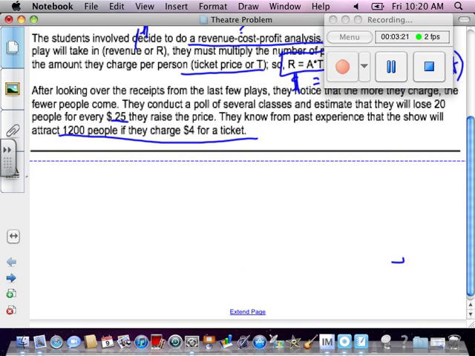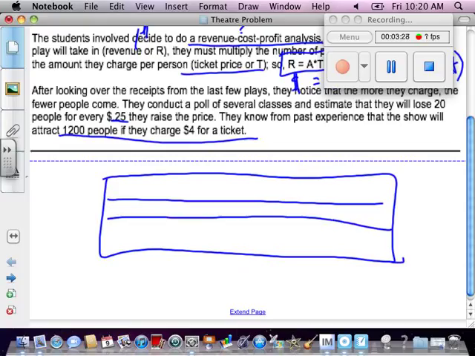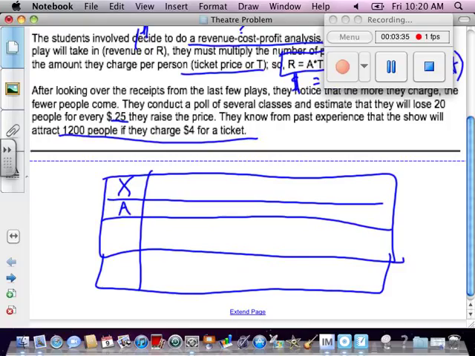Okay, let's look at our table. We've got X, A, T, and R. We know what all of those things mean, right? X is going up 25 cents each time.